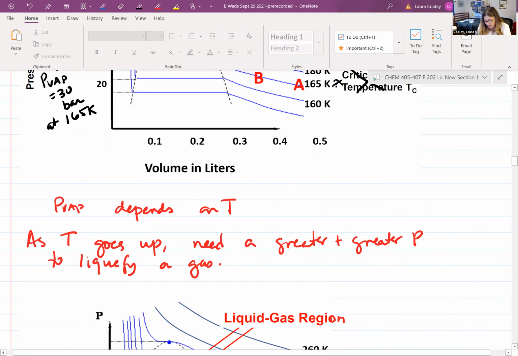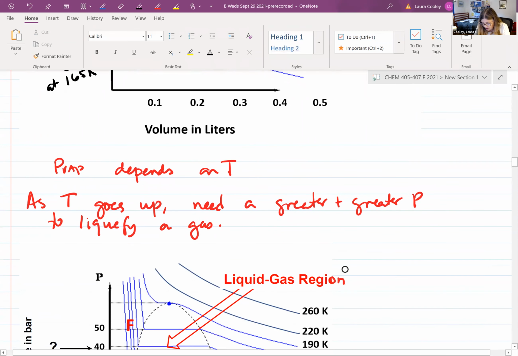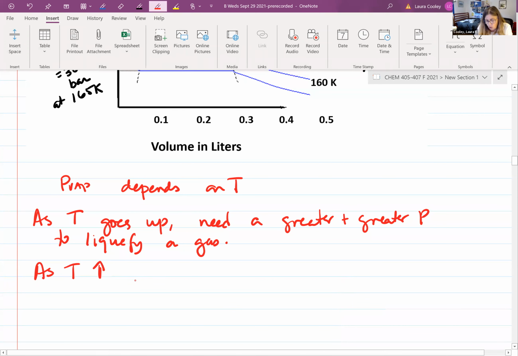And why is that? As the temperature goes up, why do you need more and more pressure above a gas for that gas to become liquid? That's because as temperature goes up, you're giving more kinetic energy to the molecules. So the molecules have a greater kinetic energy, and they have the energy to escape to the vapor phase more easily.